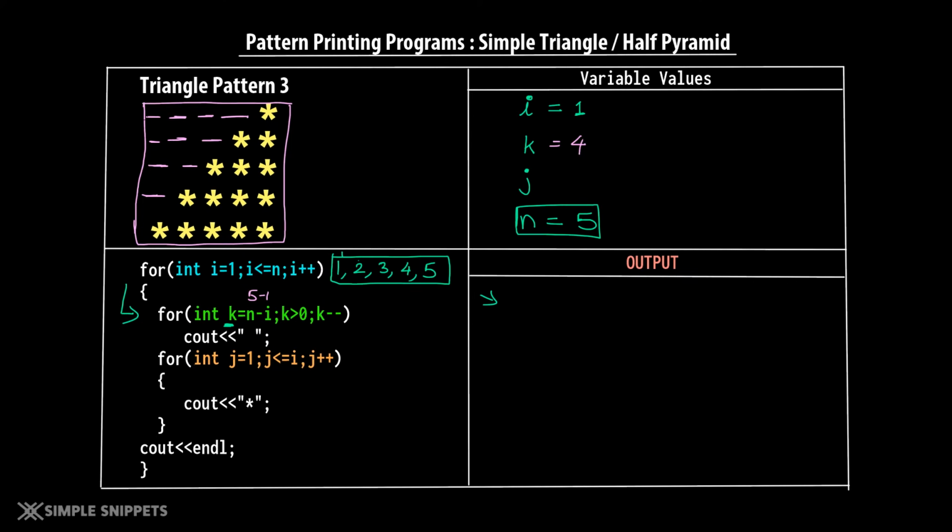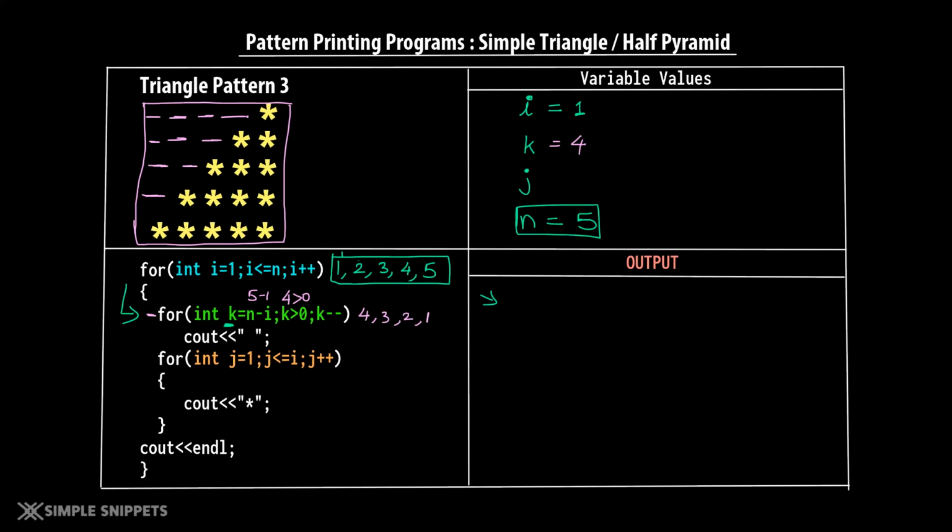Now observing this pattern, when n is 5, for the first line, how many spaces do we require? We require 4 spaces. So now k has become 4. The condition is k has to be greater than 0. Is 4 greater than 0? Yes. And we are saying k minus minus. So this for loop will run 4 times. It will go from 4 to 3 to 2 to 1.